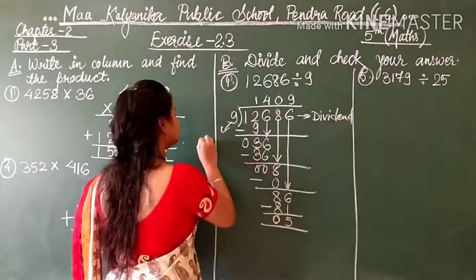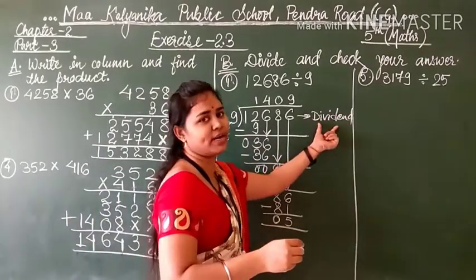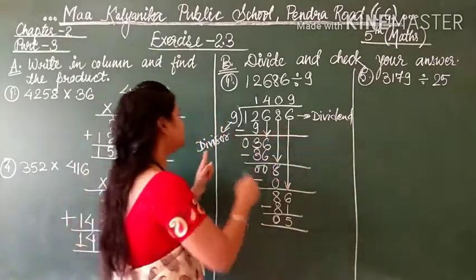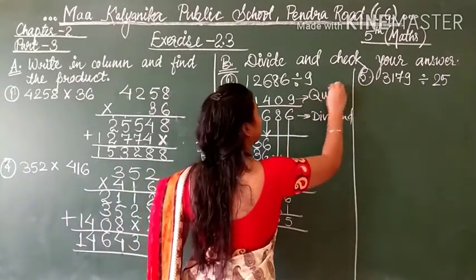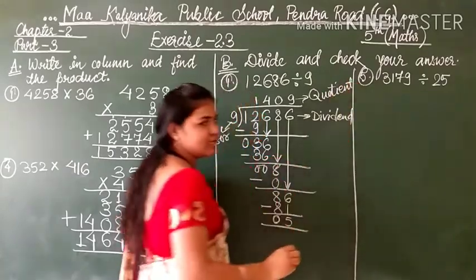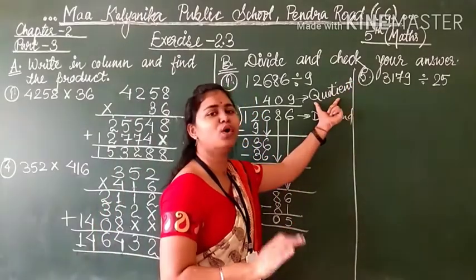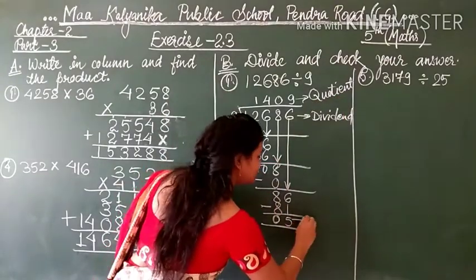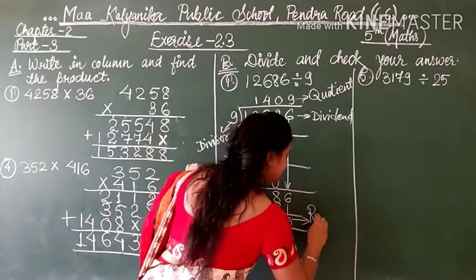This is the divisor. Don't write this, it is only for your understanding. I am telling these terms. Okay. Divisor. This is quotient. QUOTIENT. Not question. It is not that. Quotient. And the leftover, whatever the number is left, that is the remainder.